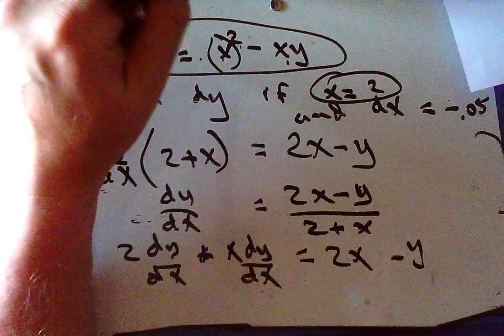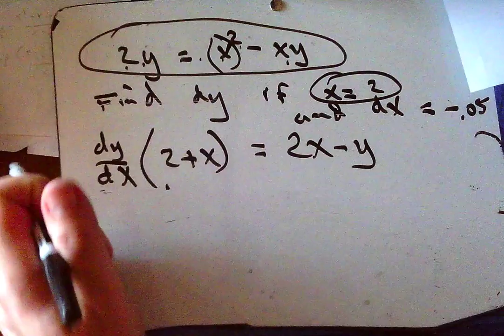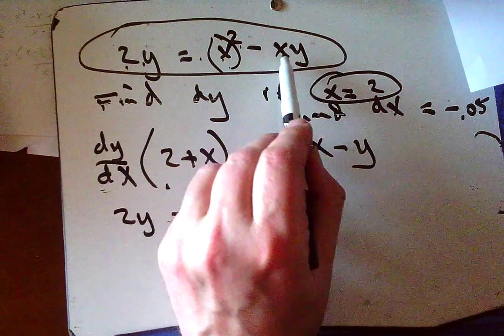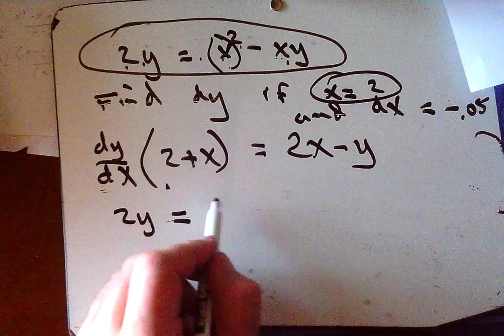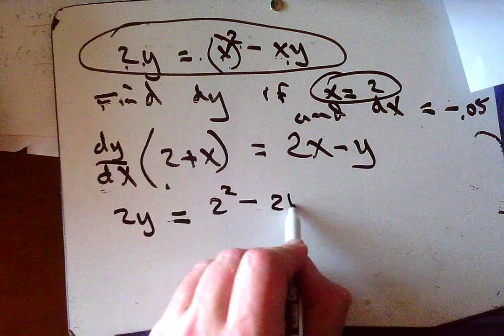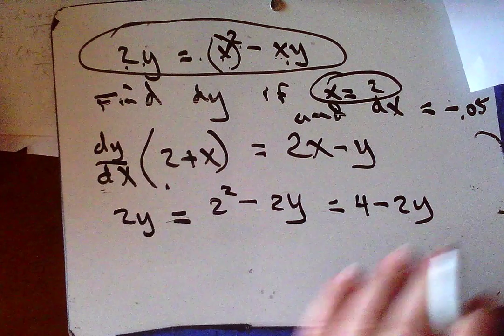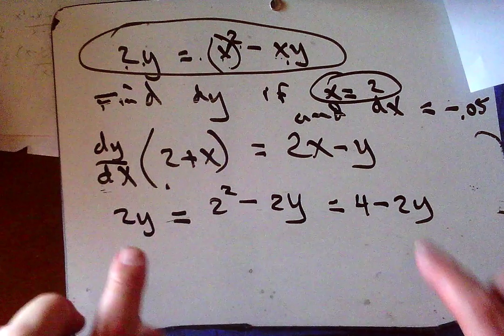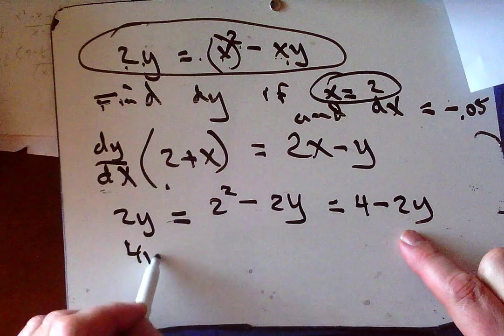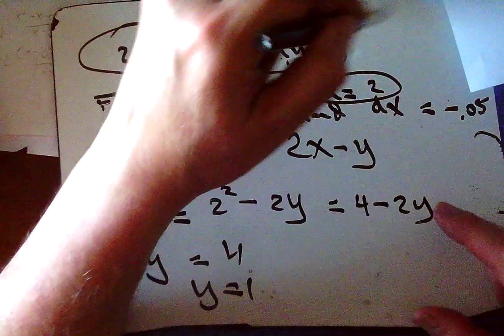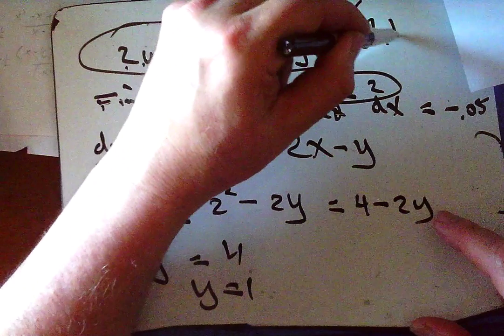So let's go back to this original statement up here. It says 2y equals, and I'm replacing these x's with 2's. So 2 squared minus 2y, which is 4 minus 2y. And then, move the y's to one side: 4y equals 4, and so y equals 1. So now I have that ordered pair, 2, 1.